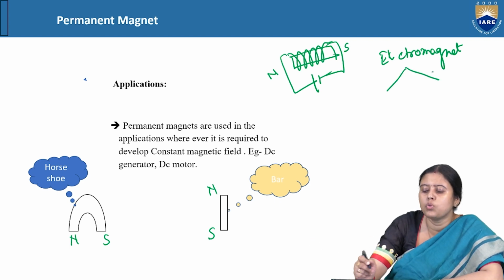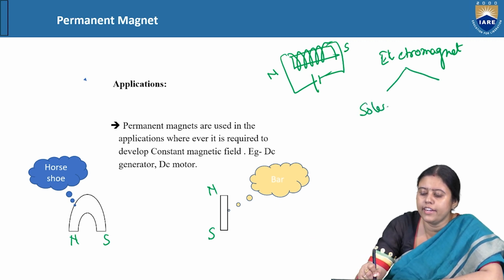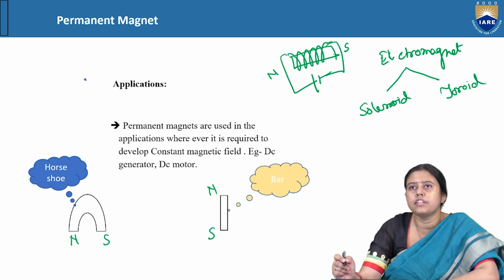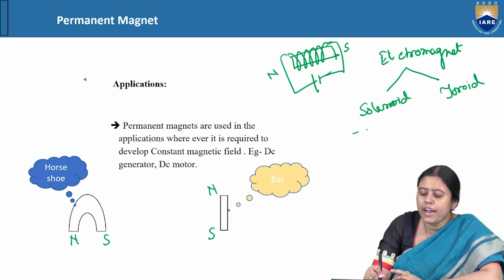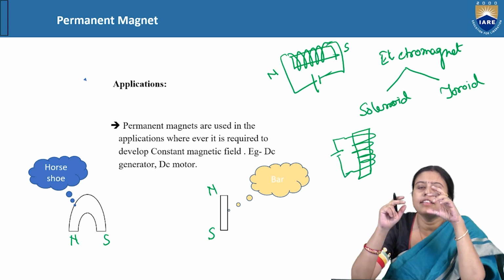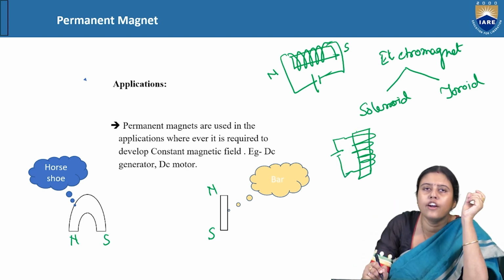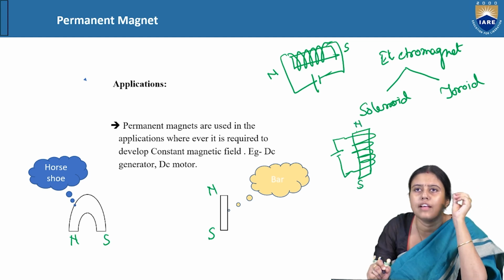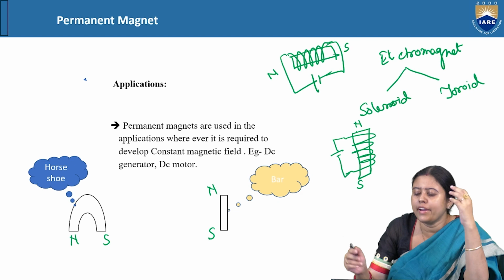Electromagnets are again of two types. One is called the solenoid and another one is known as the toroid. So what is the difference between the solenoid and toroid? Solenoid means we take one iron bar and keep the conductor on it, making a solenoid. In the solenoid, the two ends are not connected together. One will be the North Pole, another the South Pole. They are open-ended.